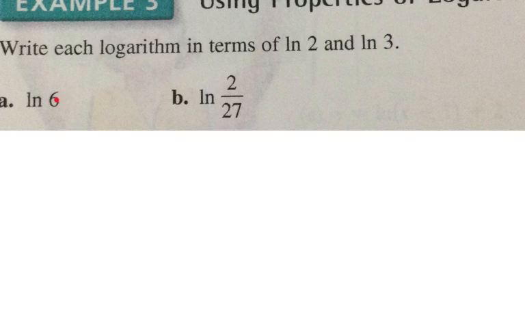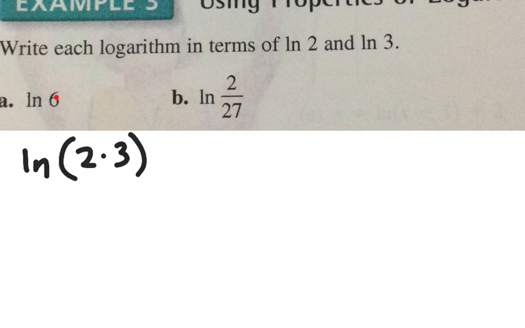So when I think of 6, how could I rewrite 6 that involves a 2 and a 3? 2 times 3. So I can rewrite the natural log of 6 as the natural log of 2 times 3. Everybody good with that? Now this still isn't my final answer because I'm not in terms of natural log 2 and 3.